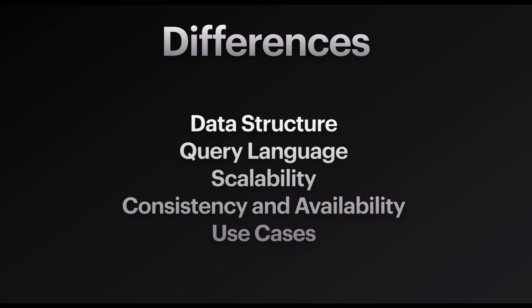The next thing is consistency and availability. SQL prioritizes ACID properties: atomicity, consistency, isolation, and durability. NoSQL databases often follow the CAP theorem, where C is for consistency, A is for availability, and P is for partition tolerance.